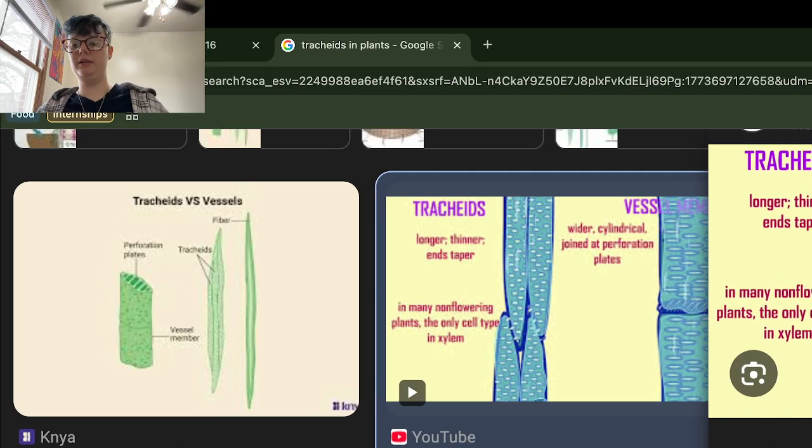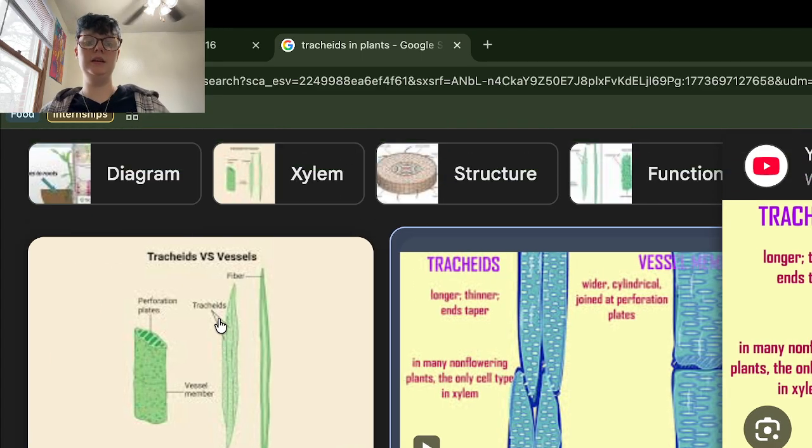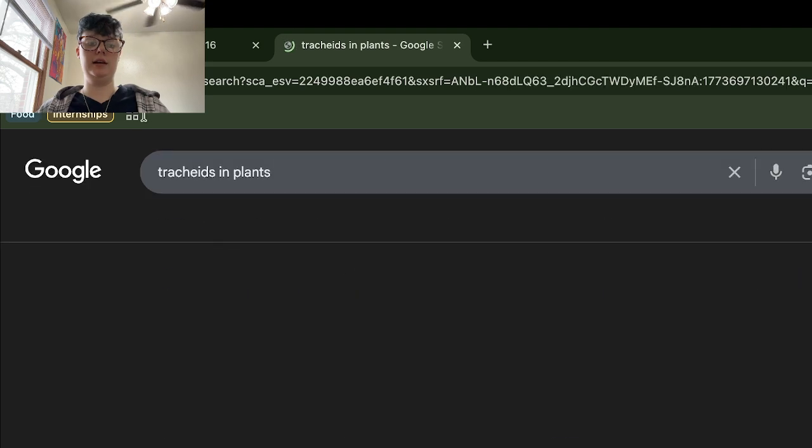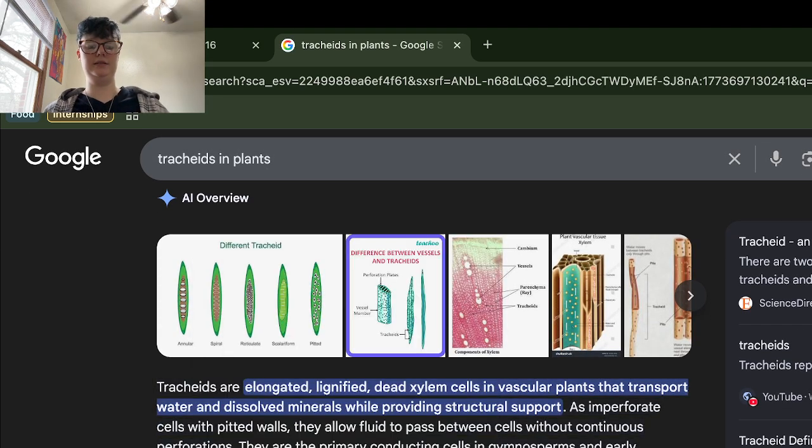Normally in non-flowering plants, vessels are wider, cylindrical, and joined at perforation plates. Like what Google says here, tracheids are elongated, lignified dead xylem cells in vascular plants that transport water and dissolved minerals while providing structural support.